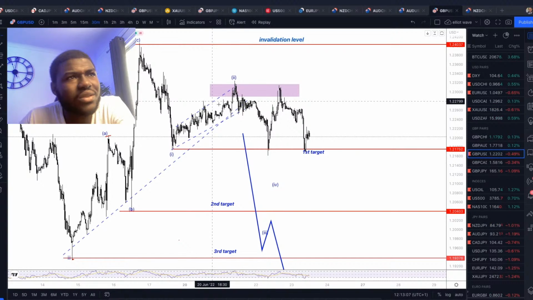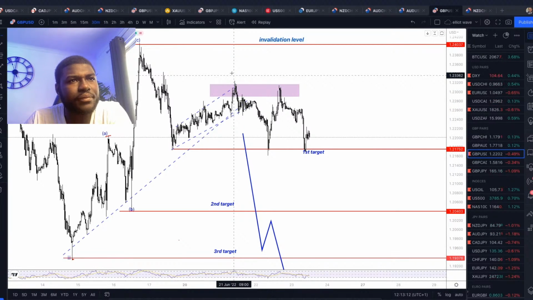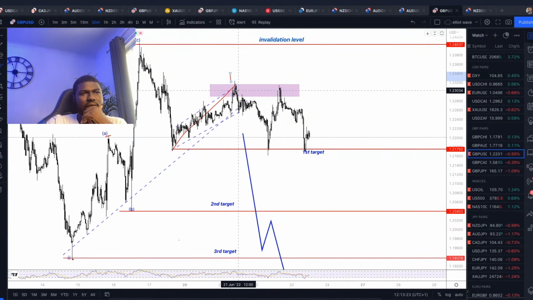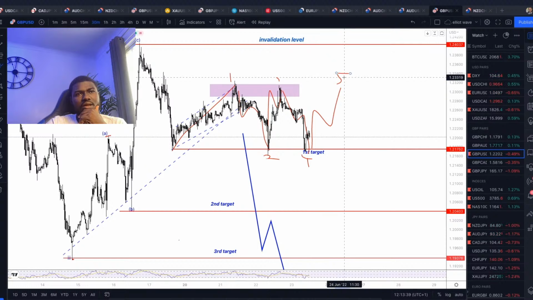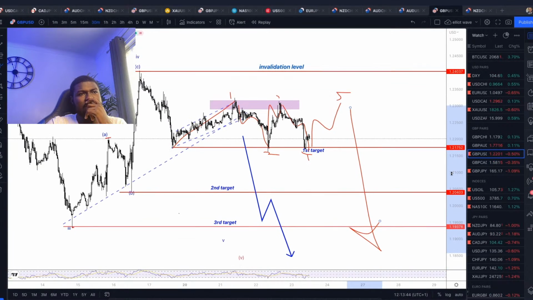So what I can suggest is happening here is that, let me remove the whole of this here. Let me use my brush tool. This is one ABC, and this is the second ABC, and this is the third ABC, and this is the fourth ABC, and you might be seeing another ABC, which is going to be the fifth ABC, and then there's going to be a break to the downside.